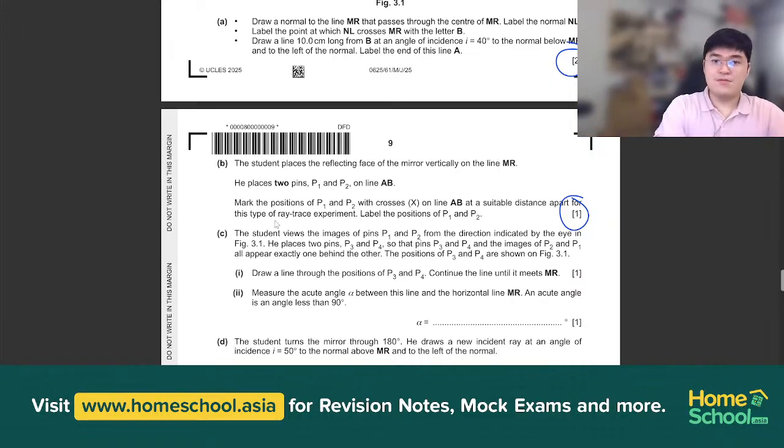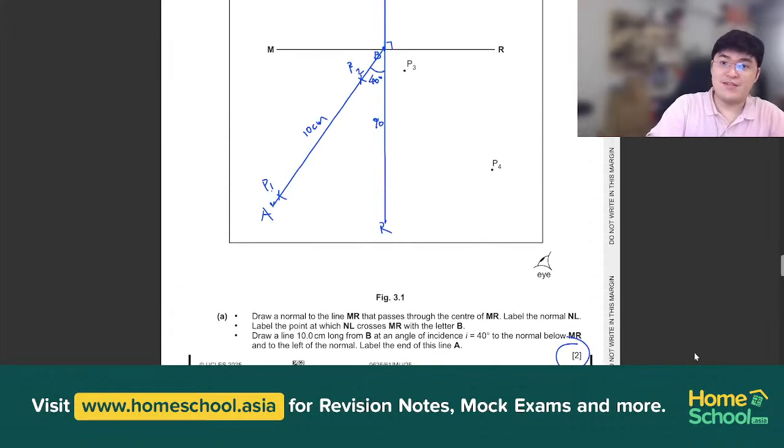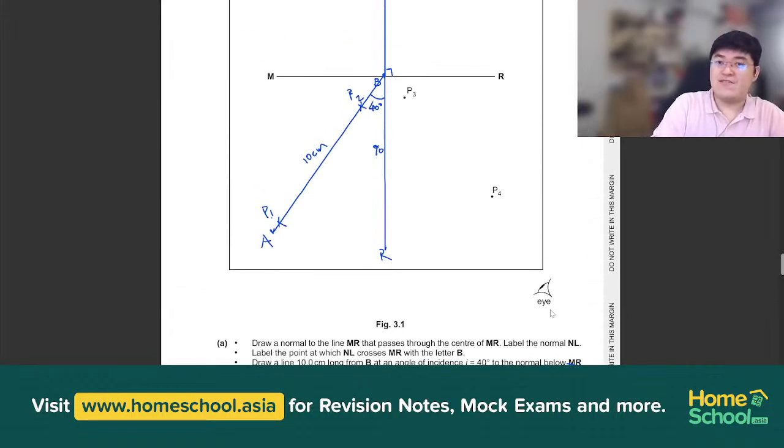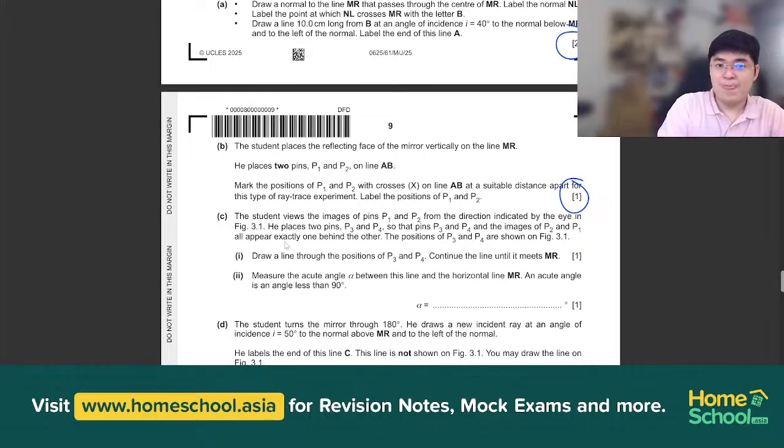All right, so the student views the images of pins P1 and P2 from the direction indicated by the eye in figure 3.1. So looks around this area, okay? Not here, but around this area. Now, he places the two pins P3 and P4, so that the images of P2 and P1 all appear exactly one behind the other.